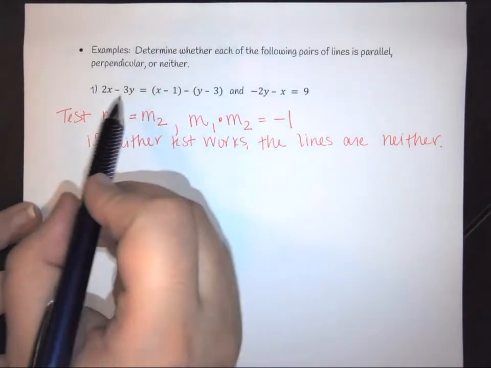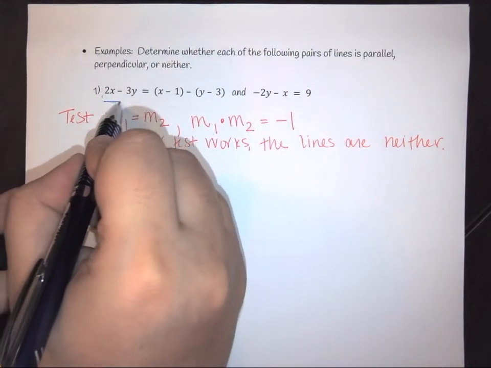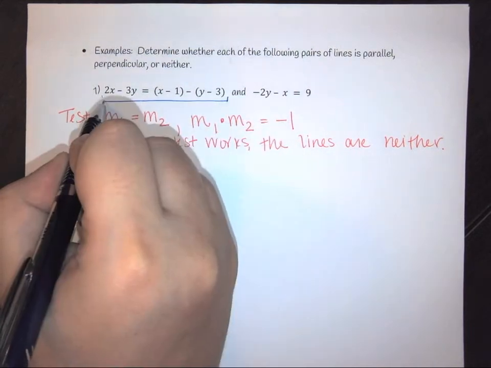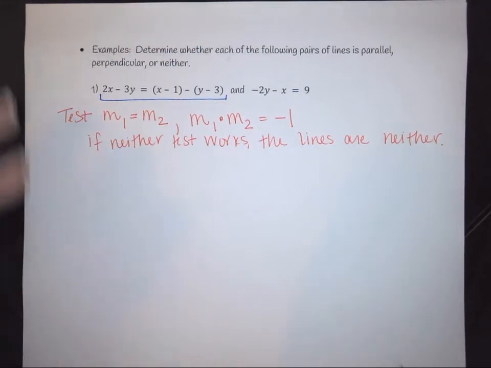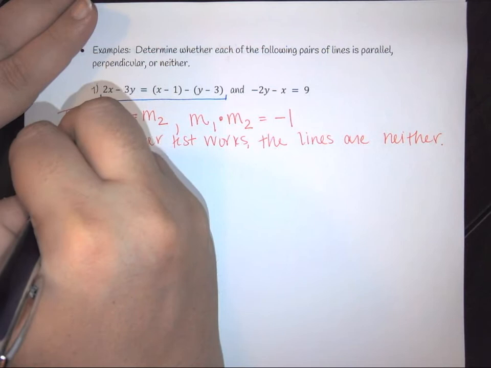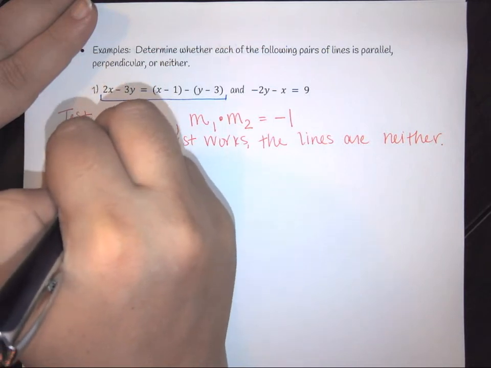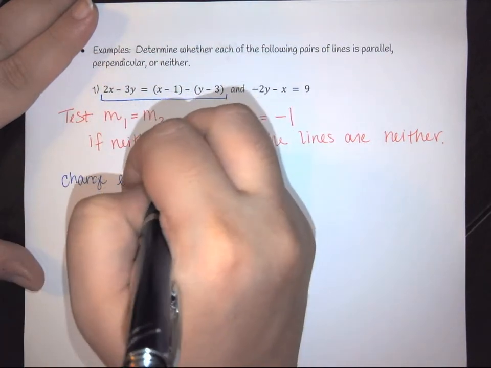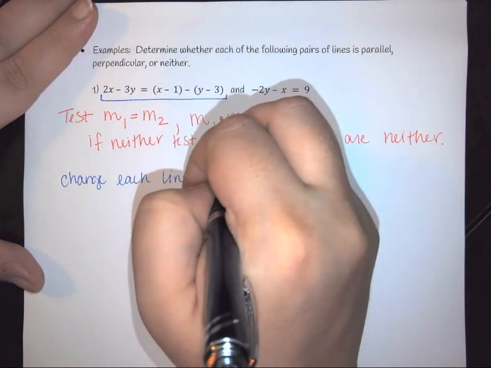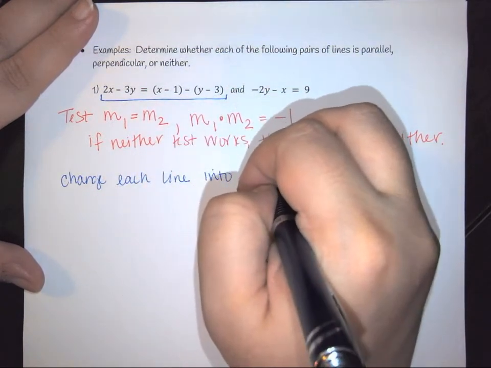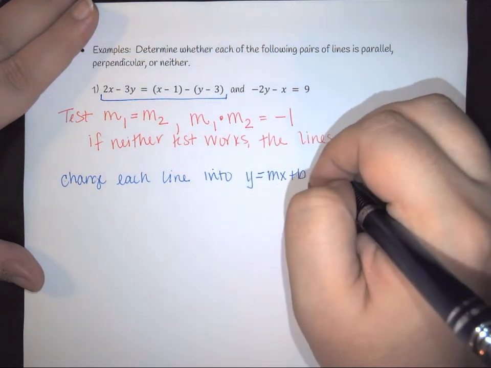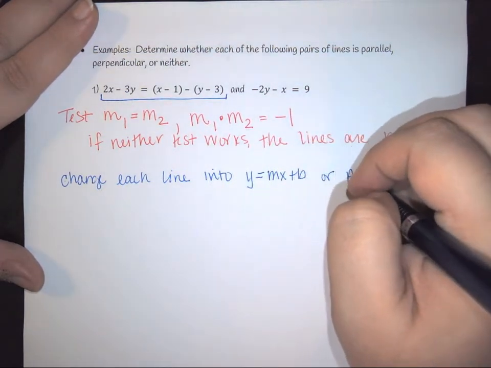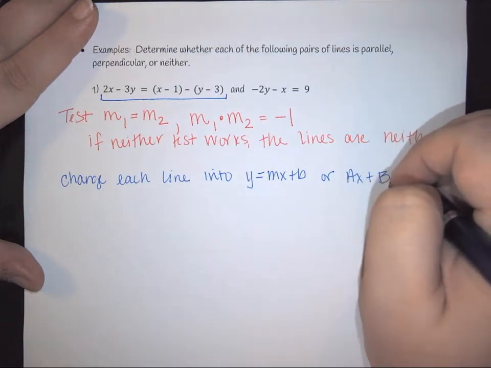Now, if you look at this first one here, this is my first line. So before I can even run my test, I have to rearrange my line. You want to change each line into y equals mx plus b, or ax plus by plus c.